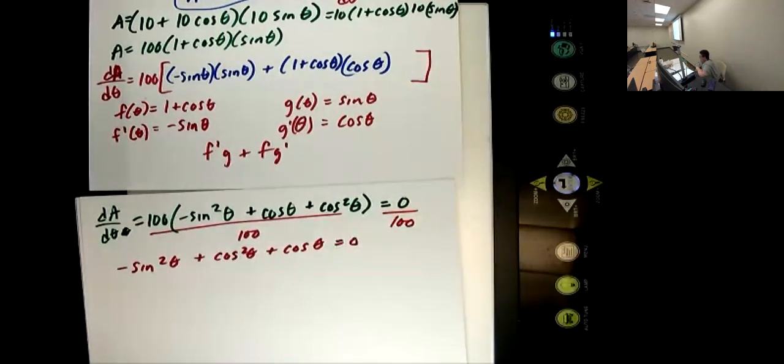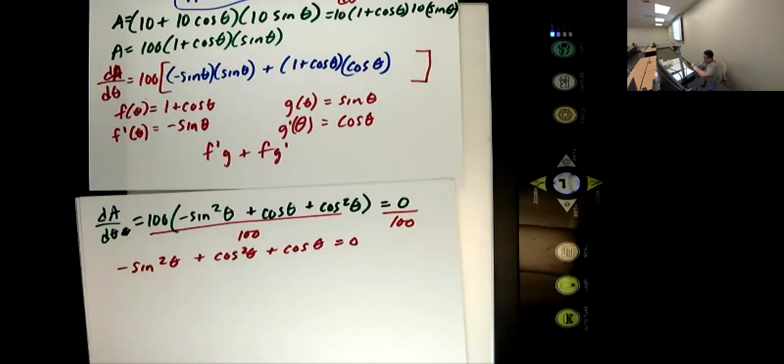All right, I don't like having the sines and the cosines in there. So, do we have any formulas that will allow us to swap them? I have a cosine theta and a cosine squared theta.